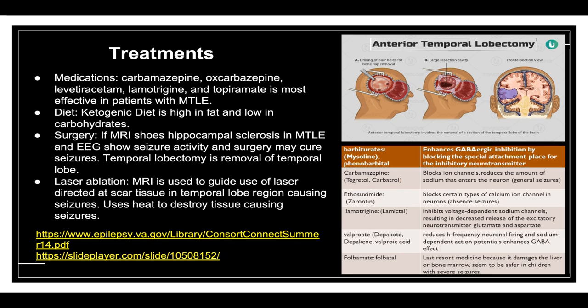Temporal lobectomy is the removal of the temporal lobe, and it is the type of surgery suggested in MTLE.